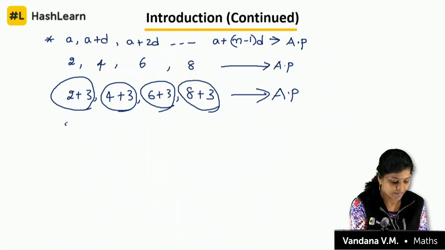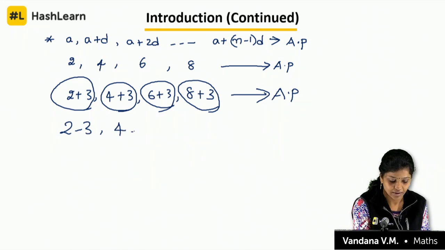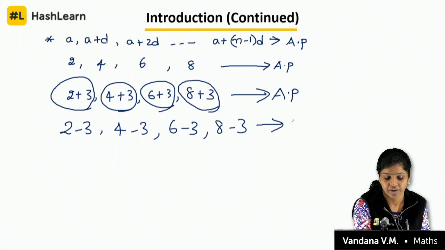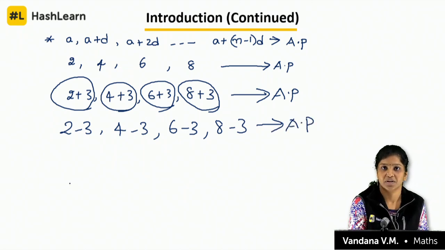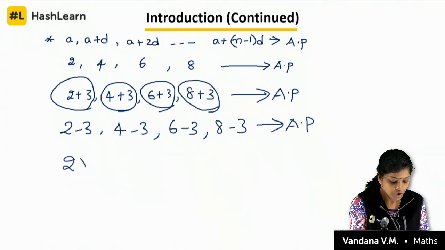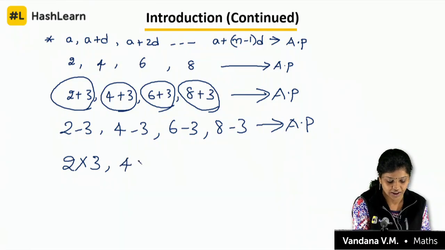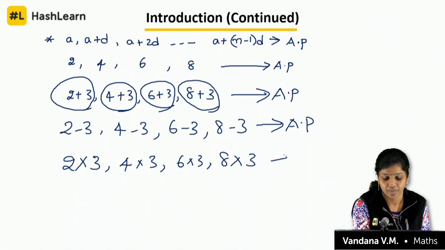So if you add a constant to the arithmetic progression, the result will also be in arithmetic progression. In the same way, you can subtract a constant, and at that time also the result will be in arithmetic progression. Not only subtraction, if you multiply with a constant, the result will also be in arithmetic progression.